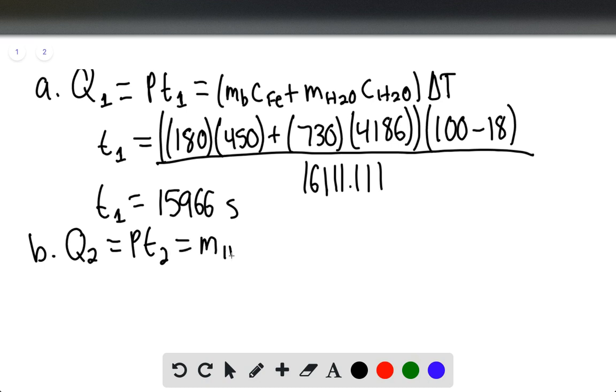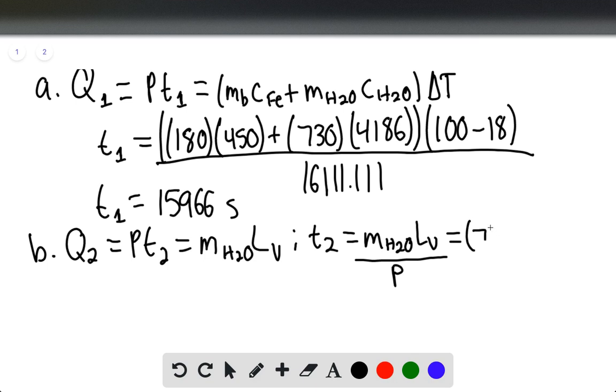For B, we can say that Q sub 2 equals P times T sub 2, and it's going to be equal to the mass of the water times the latent heat of vaporization. So this will be T sub 2 equals the mass of the water times the latent heat of vaporization divided by P, and this will give us 730.